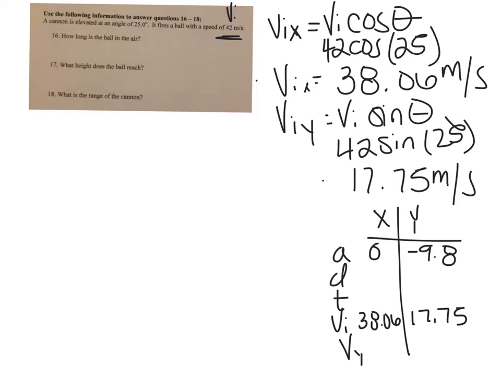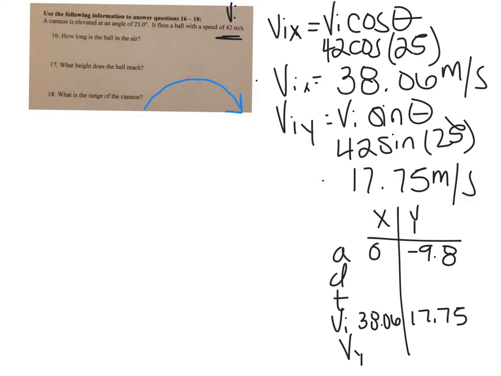So for 16, we want to know how long it's in the air. When we shoot off this cannon, it's going to follow a path like a parabola. It's going to look like this. We want to know how long it takes to get from start to finish. However, we don't know enough information to find that immediately. What we can do is find the time it takes to get to the top, and work with the vertical information.